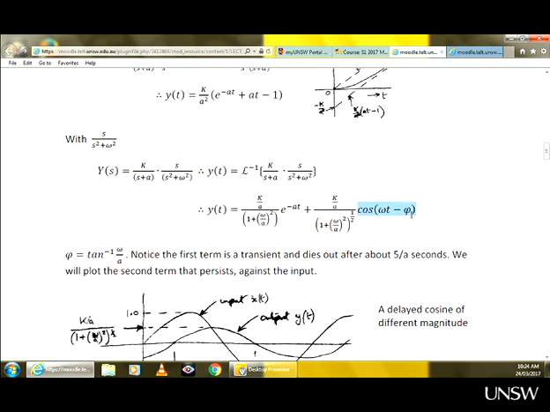So you have this cosine, this periodic function. And the amplitude is constant. Again, K, A, and omega. They are all constant.